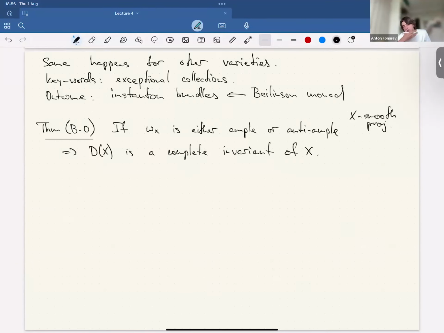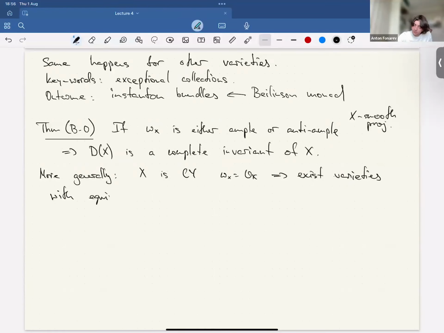So out of this came even more interest, because on the one hand, for some varieties you get this equivalence, but more generally, for instance, if X is a Calabi-Yau, so omega_X is isomorphic to O_X, then there exist non-isomorphic varieties with equivalent derived categories.